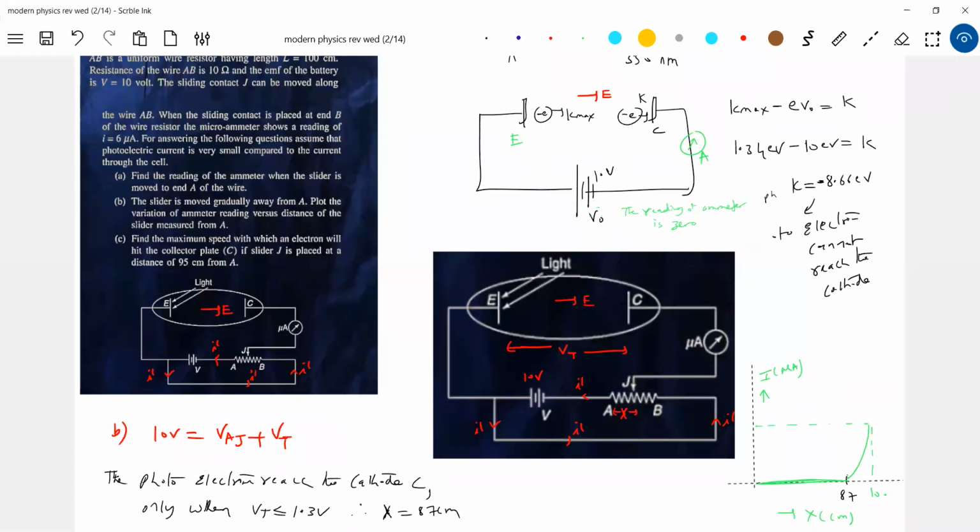Because as VT decreases, more and more electrons will come and strike it. The rate should not be uniform. That much we are very sure. If not a vertical line, it should be some sort of curve. I'm saying the slope should decrease, same as the X-ray graph.